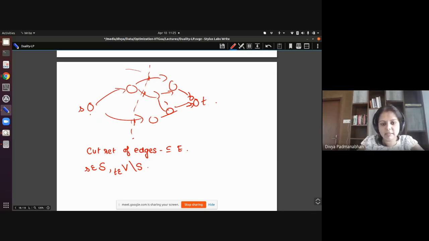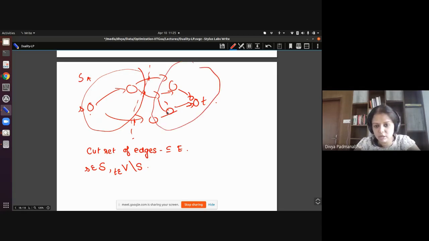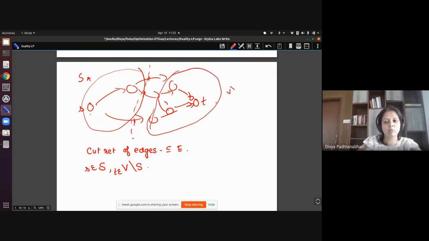So everything on this side corresponds to the set S, and everything on the other side is the remaining part, everything outside S. If you specify this set of edges, that immediately specifies a way to cut the graph. You want to find the best way to cut it with the lowest cost.